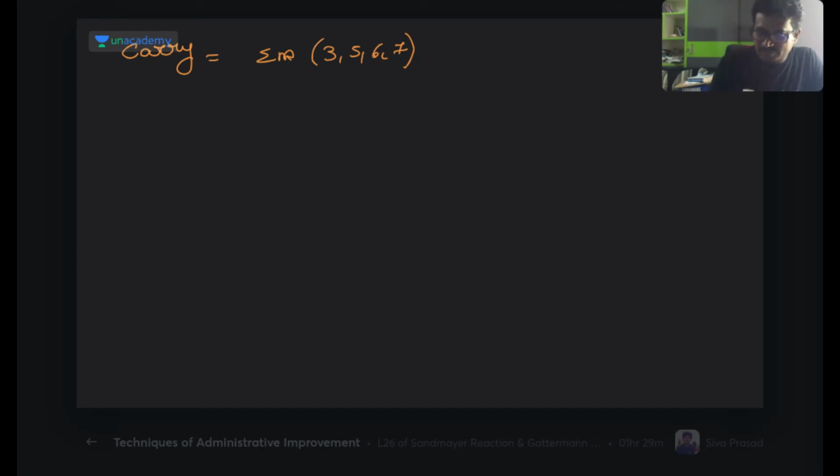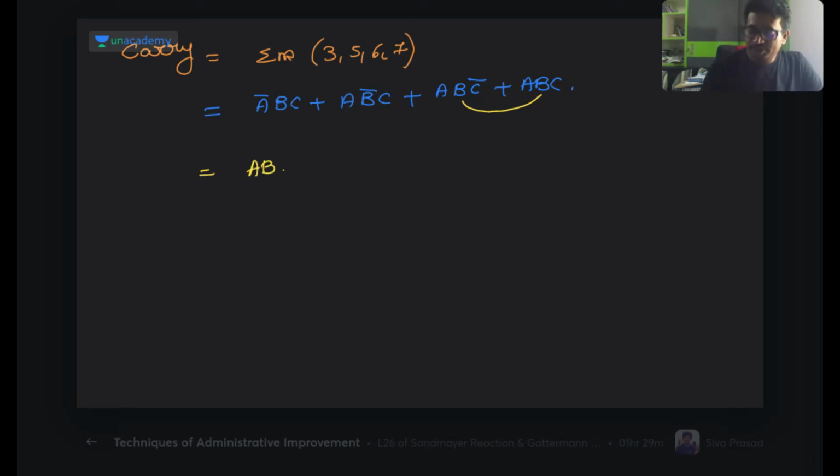If we expand, 3 means A bar B C, 5 means A B bar C, 6 means A B C bar, and 7 means A B C. If I group these two, I will get AB.